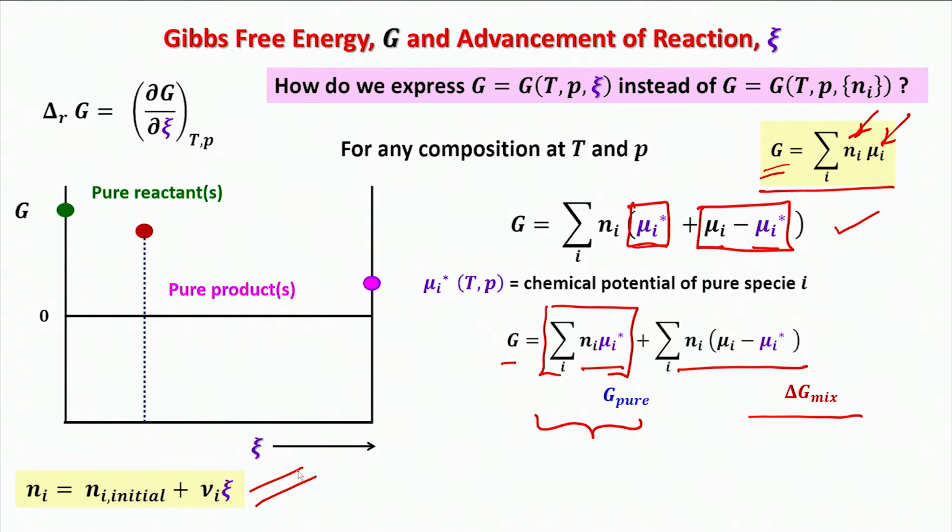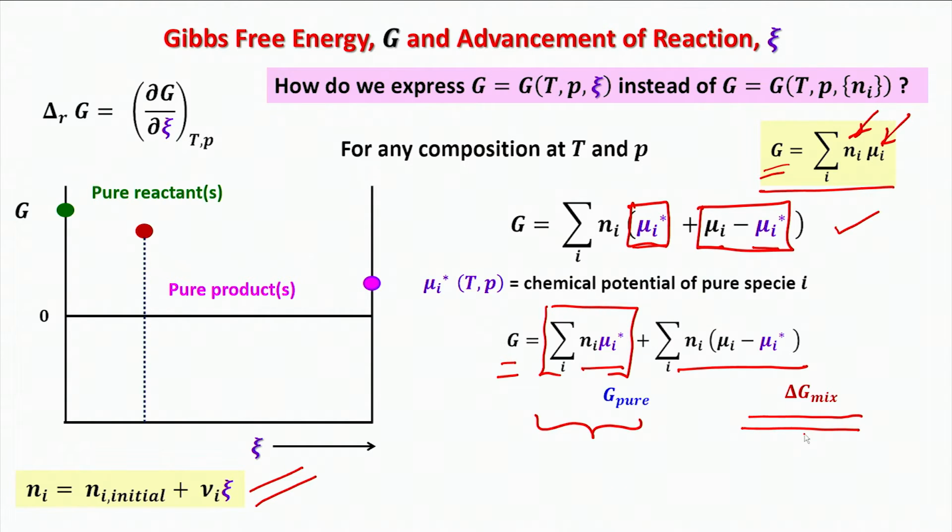But it is as if they are present but not reacting with each other. So this is very close to the ideal gas situation, and therefore I call this G pure. And I also find that if they are present close to each other, they must be mixing with each other. Therefore, the total Gibbs free energy must be G pure plus delta G mixing.